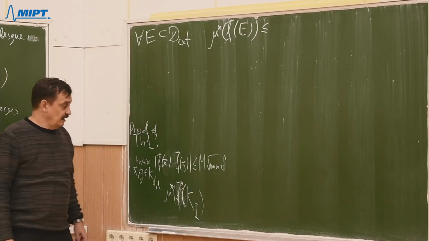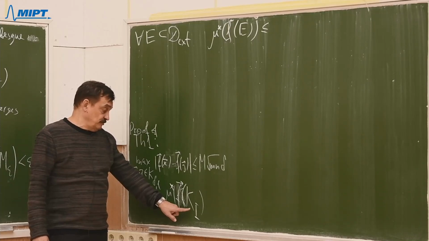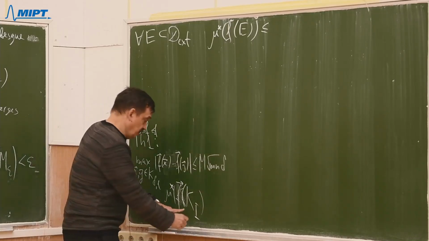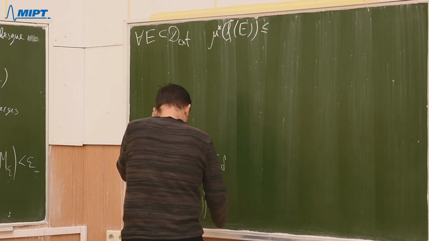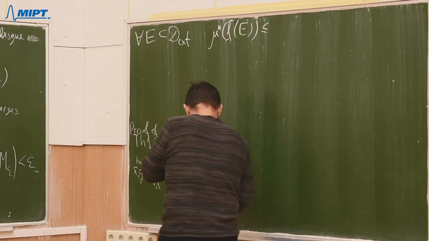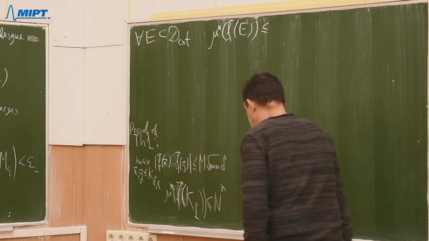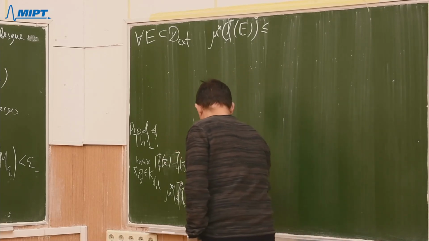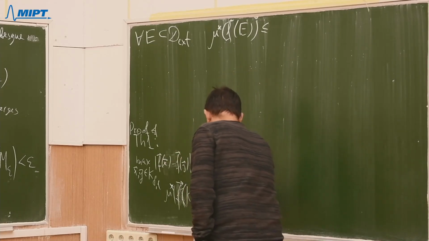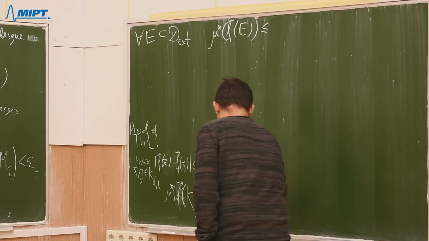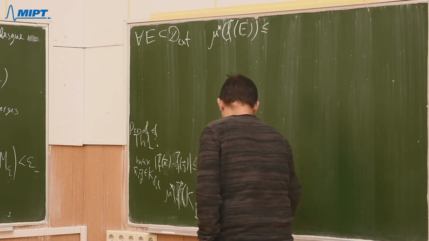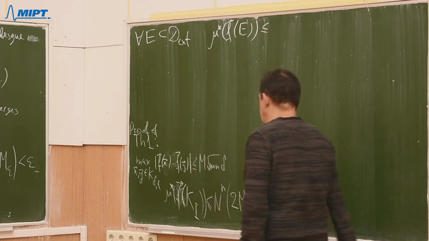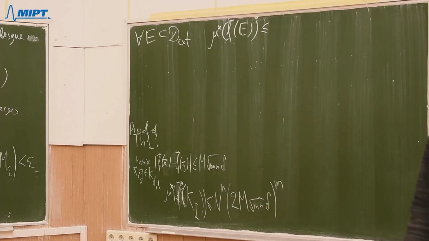It was like n to the power n, 2M square root of m n delta to the power m. This was the estimate.